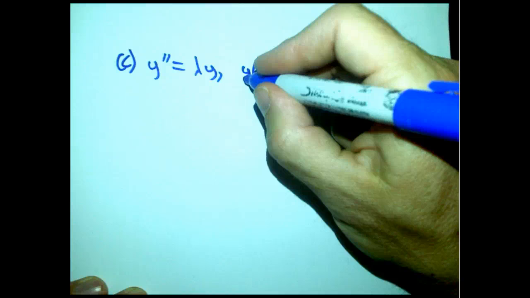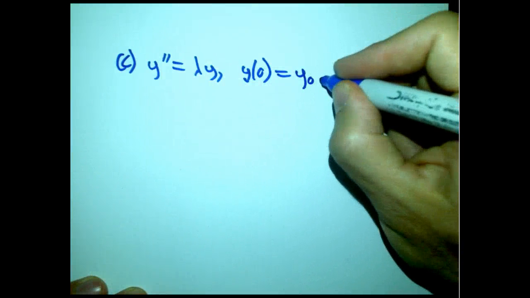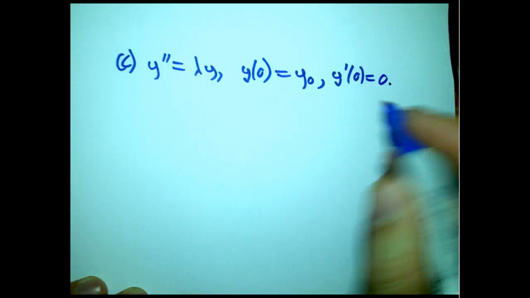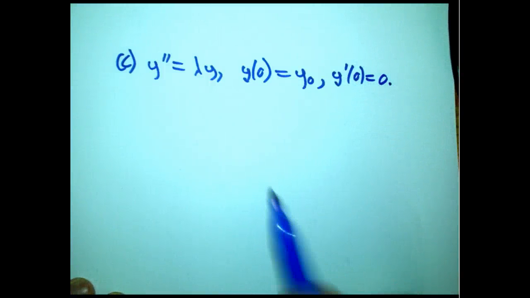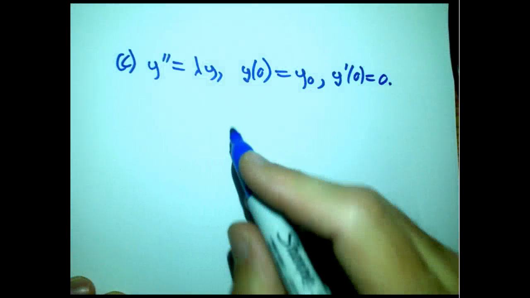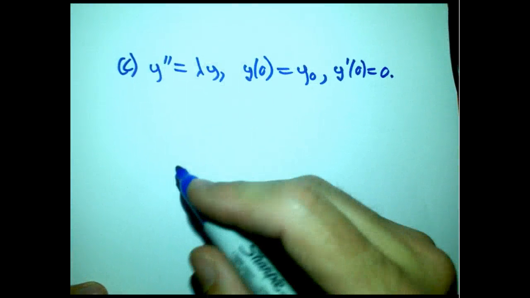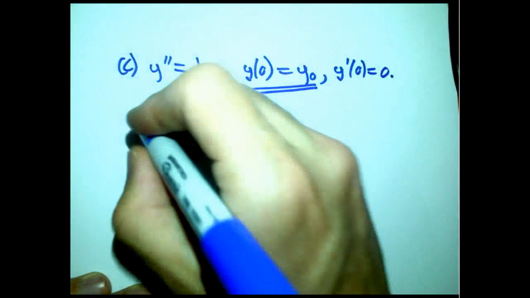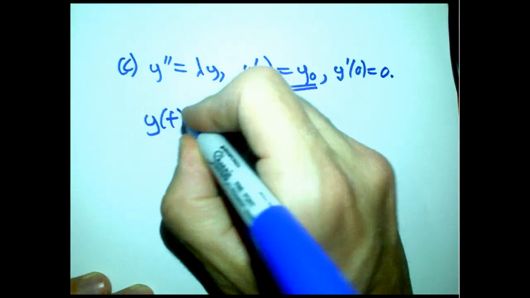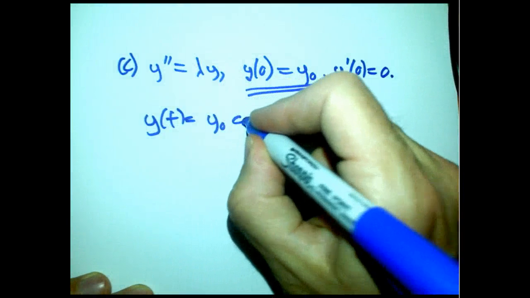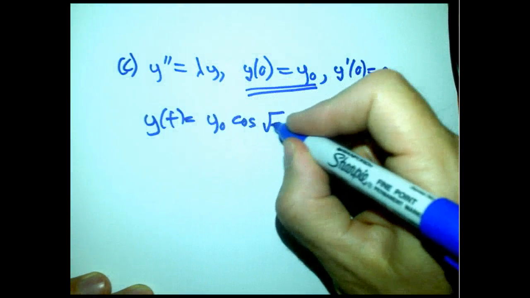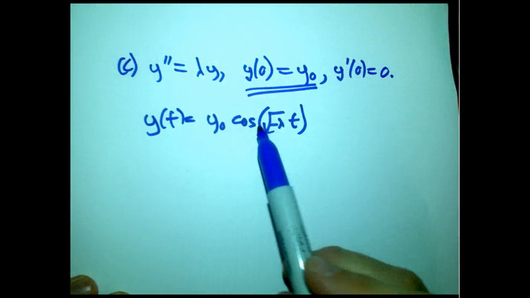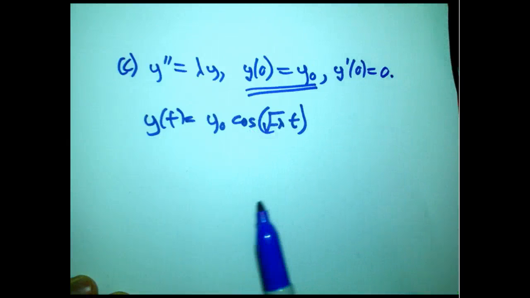Let's say, why not, I guess I used 1 before, but it doesn't matter too much if I just put in an arbitrary number there. So that's going to be where we just need the cosine and no sine. Y of t is y naught cosine of root minus lambda times t. Because that's going to give y naught, and when you take the derivative, the sine is just going to be 0 when t equals 0.